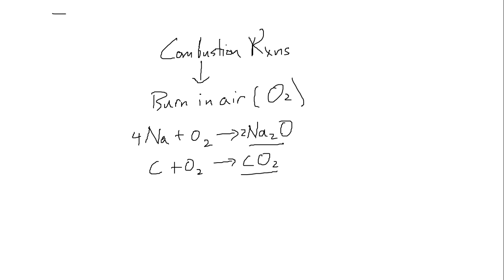Now, there are some situations where you can have the combustion of other substances, and the type of substances we're going to talk about are two types. Mainly organic substances. Now, when we talk about organic substances, we're talking about basically carbon based substances, right?